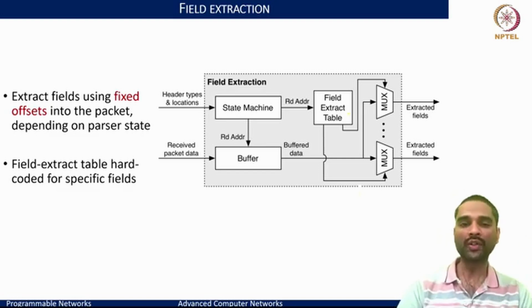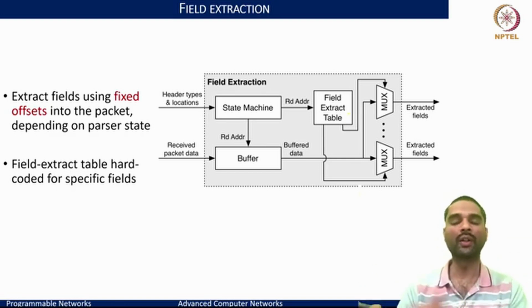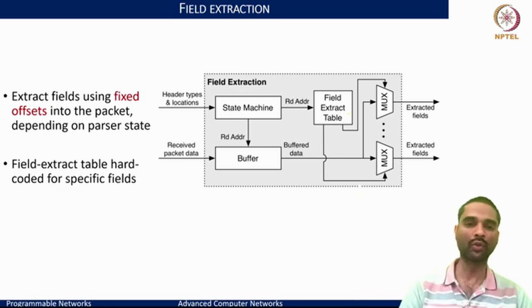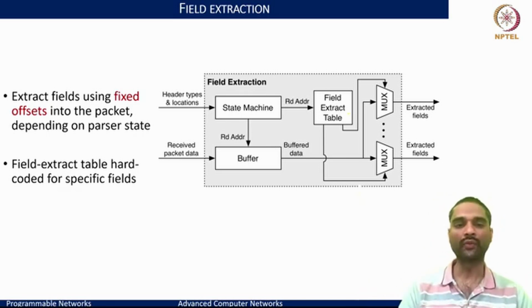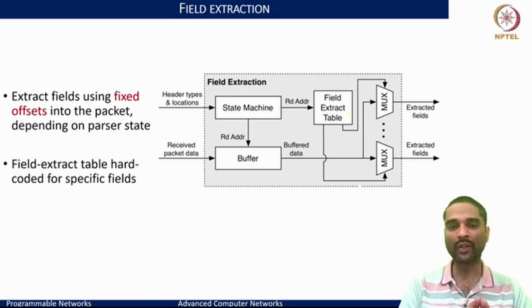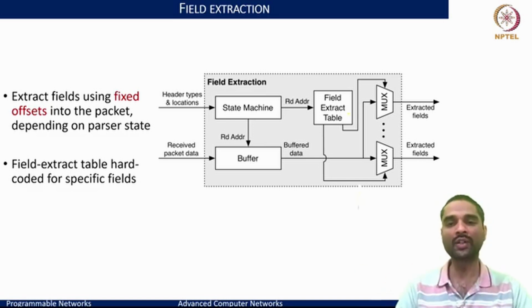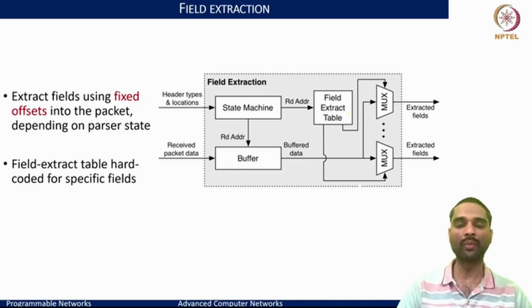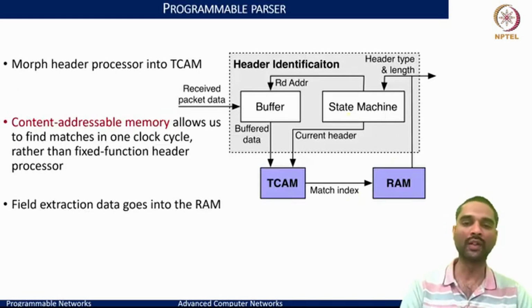So there is a state machine that is updated for the parse graph, and there is a state machine that is updated for the table flow graph. Once we extract these fields, that is dependent on the current parse state. As we go to the next stage, the current parse state updates would reflect back in the additional changes.